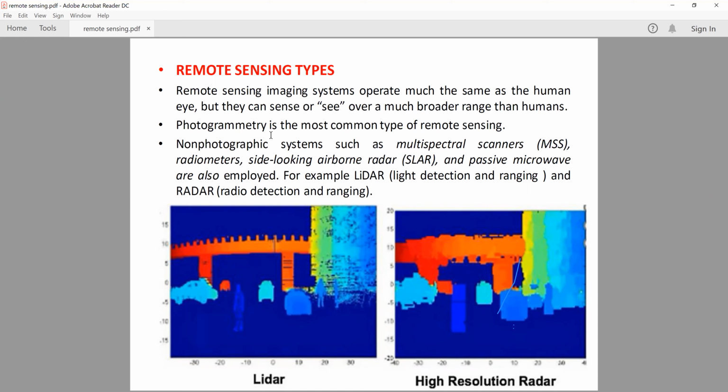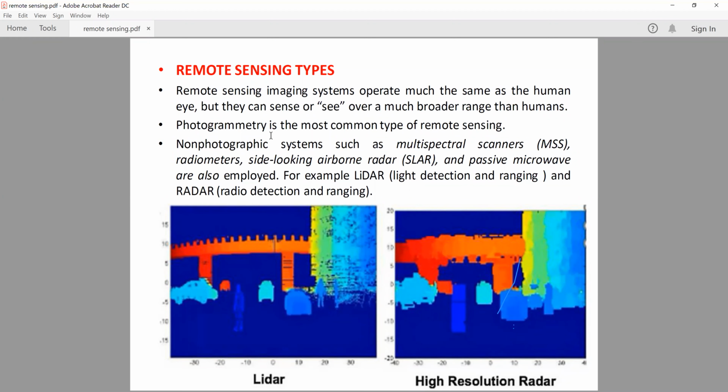So what radar does is that it can sense the existence of any object in the atmosphere. It's used for detecting aeroplanes. It's used for weather forecast as well, different purposes. And we all know the functioning of a radar. Similarly, we have another technique which is called LiDAR, which stands for light detection and ranging.